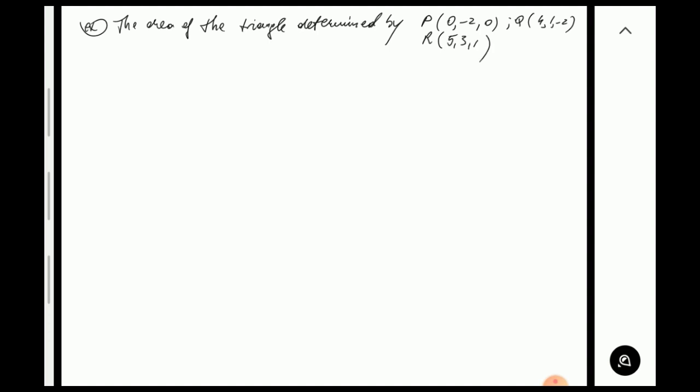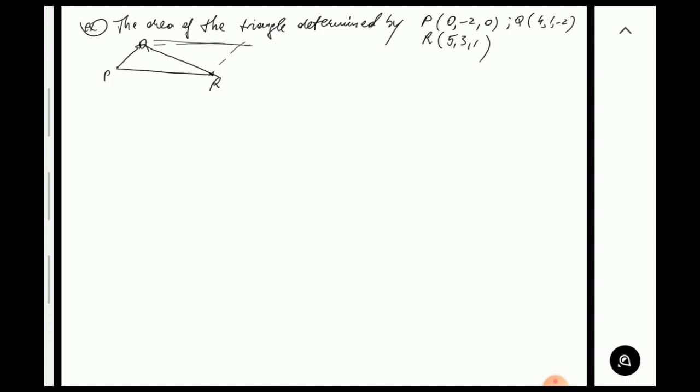This is actually an application of the area of a parallelogram. The reason is, we don't need to sketch anything. I mean, we can sketch a little bit, but not accurately on the scale. So suppose these are the points P, Q, R, and this is the triangle that I have to find the area of.